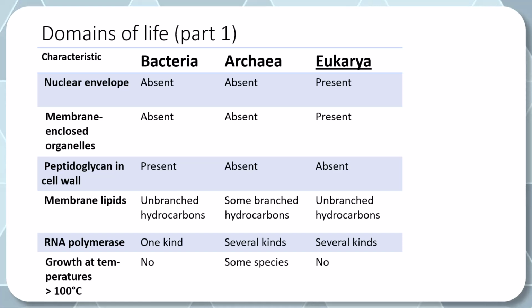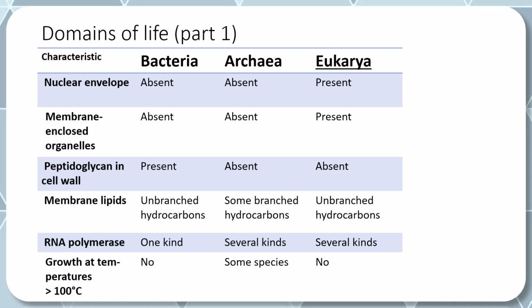Bacteria have peptidoglycan in their cell wall, but archaea and eukarya do not have those things. As far as the membrane lipids go, bacteria and eukarya have similar cell membranes. Archaea have different cell membranes, and we'll talk about that more coming up later. Some of that has to do with their ability to survive in extreme environments.